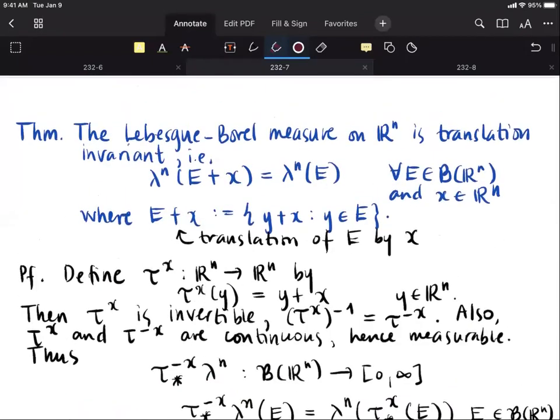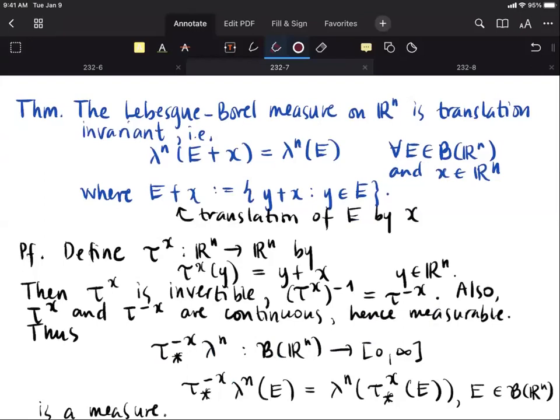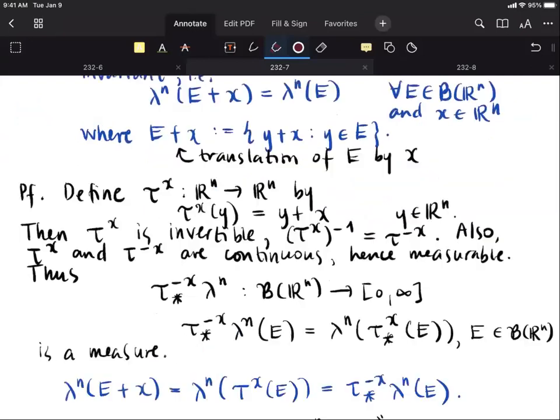Okay, so going back to the theorem, the Lebesgue-Borel measure is translation invariant. Okay, so what if we have a translation invariant measure on the Borel sets? How is it related to the Lebesgue-Borel measure?